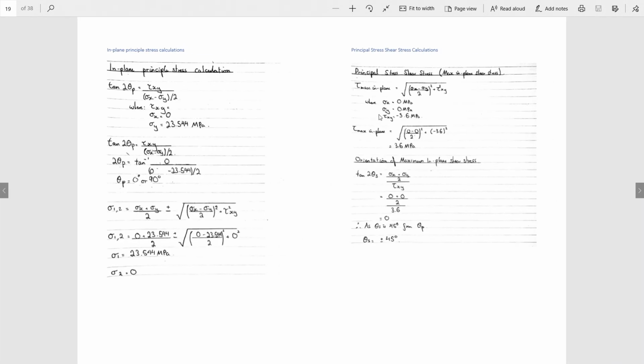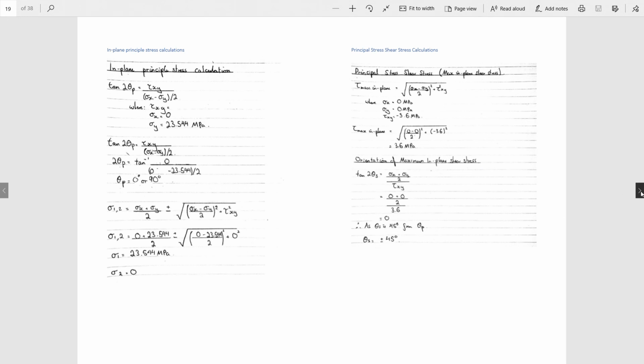So back here, we're going to plug in our value from there, fire that out, and then we know that's our max right here. And then work out our orientation, plug in the values, 0, therefore 45 degrees.